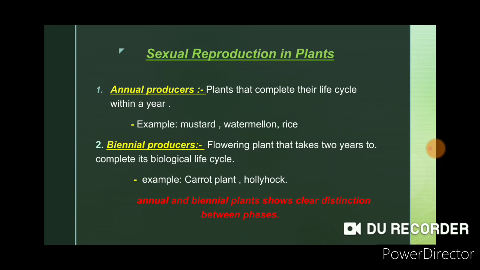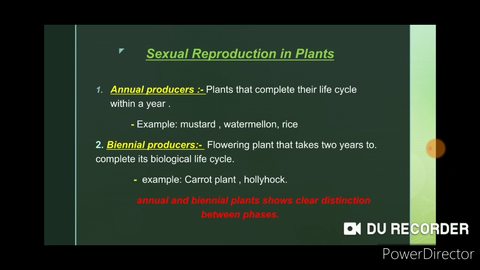All the crops of our farms are basically an example of annual producers, because these crops flower once within a year after we sow the seed. After giving their cereal crop or their seed, like rice, they die and a new crop is then sowed into the farms. They are known as annual producers.